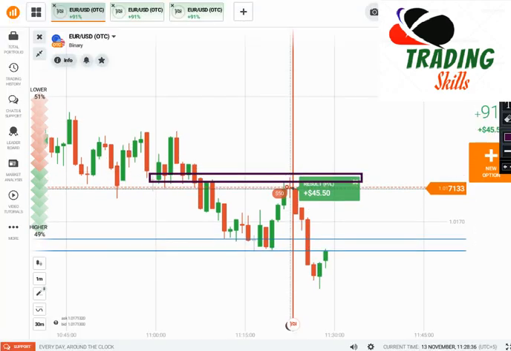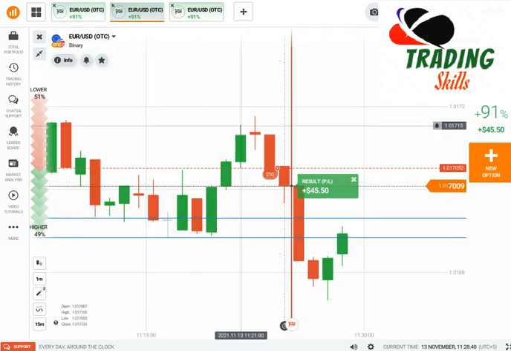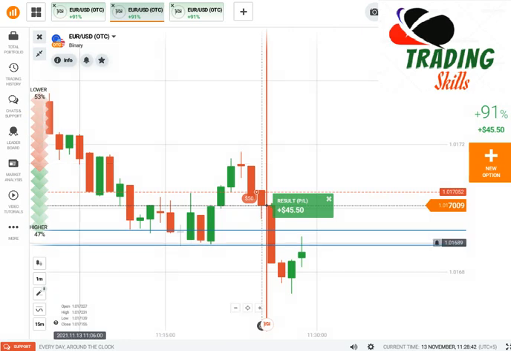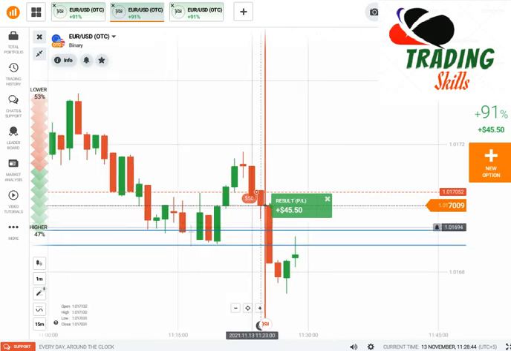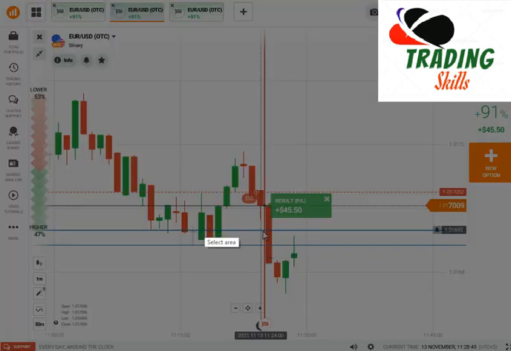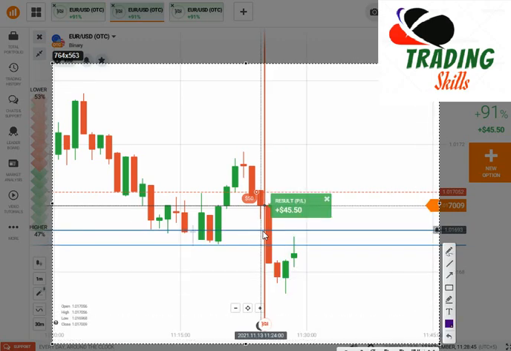This was my first trade, and after that you can see I took another trade. As I was saying, we need to analyze the level, and you can see this is the level. Buyers entered from this zone.